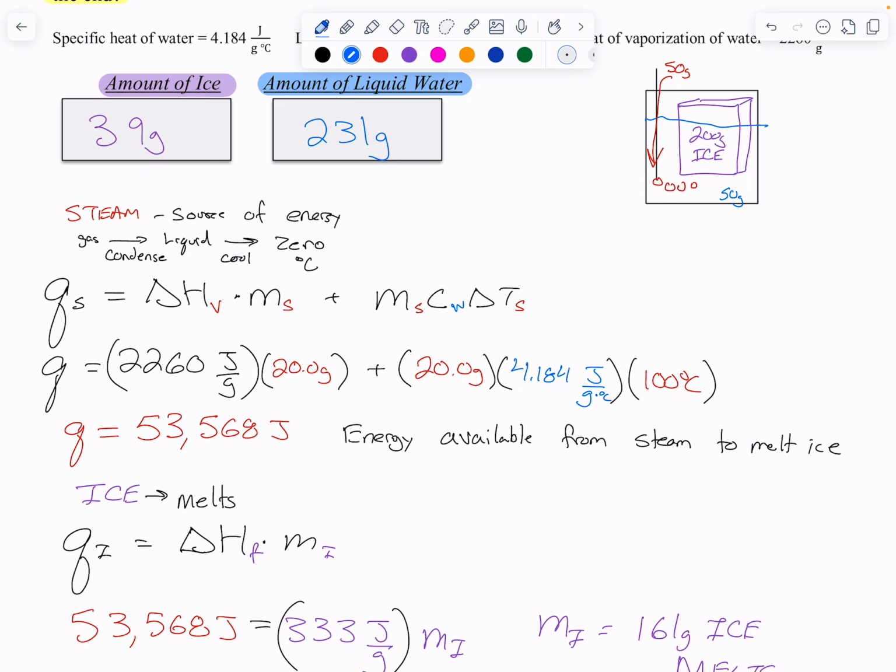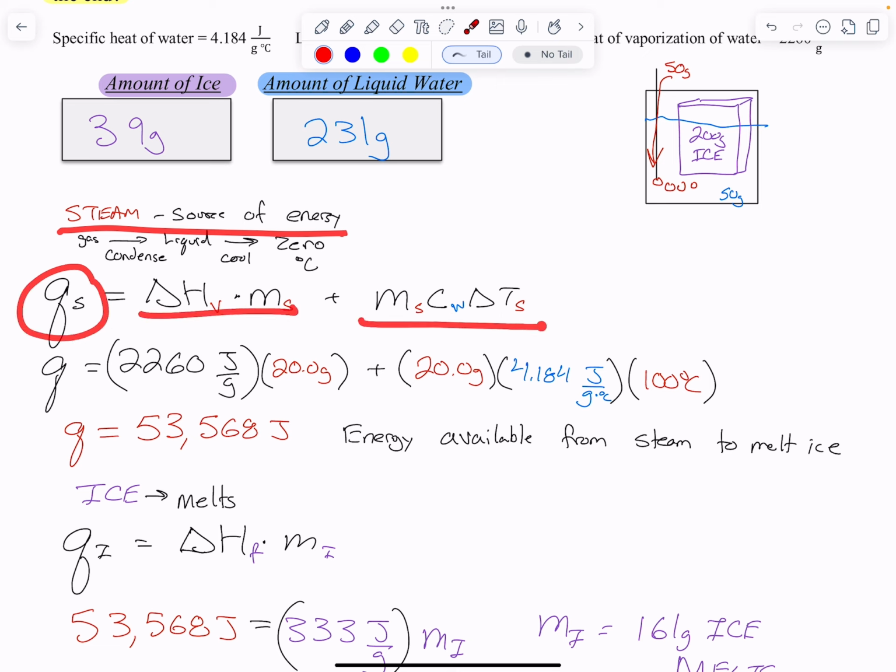Whew! So let's recap that. We had steam being bubbled into this ice-water mixture. And what happens? The steam disappears, becomes liquid water. What happens to the ice? How much does it melt? Well, we found the maximum energy that we can get from the steam, right? It can condense and then it can cool down to 0.